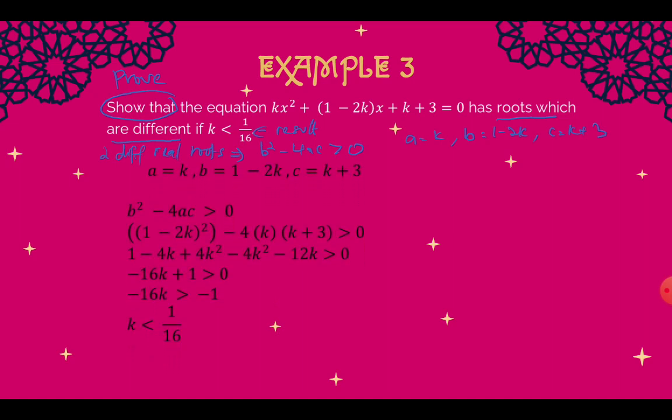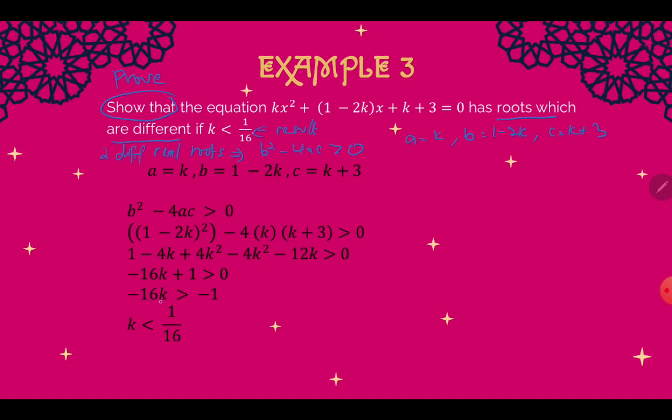First determine the values of A, B, and C, and then we substitute the values in b squared minus 4ac greater than 0, because the roots are two different real roots. From here, we expand, and then we simplify. So we can see here, negative 16k is greater than negative 1. From here, we still have greater than. However, the answer became less than. Why?